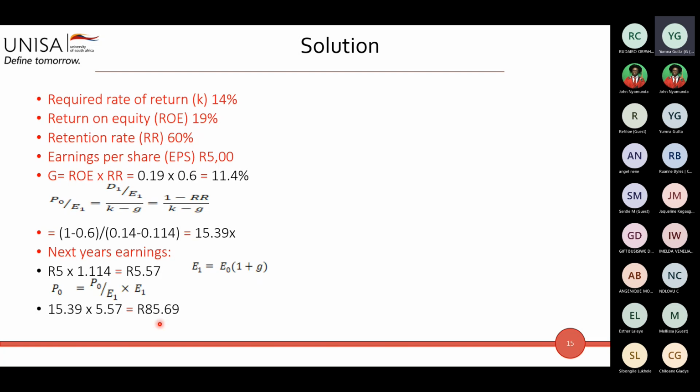In this model, even in the dividend discount model, your required rate of return must always be higher than your growth rate. This is one of the weaknesses of the growth models, so there's a theory question for you as well.